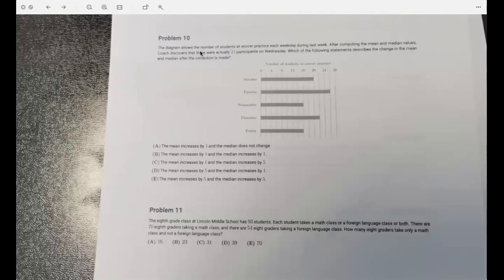So here, showing the students, they discovered there was an error, so here now is 60 and I change this to 21. I change this to 21.